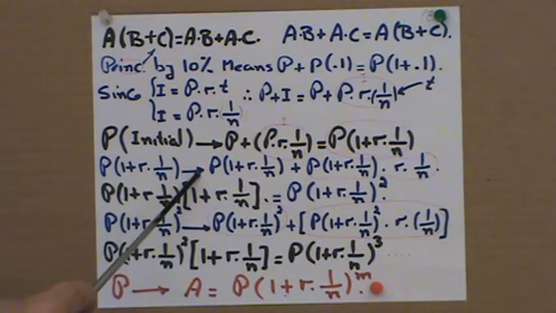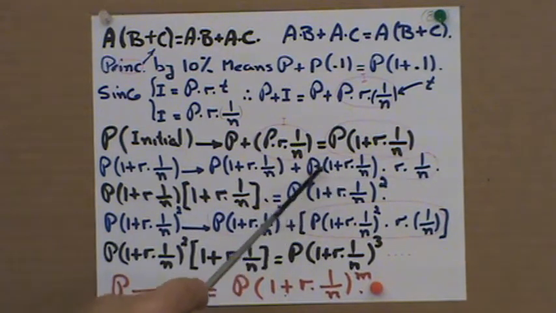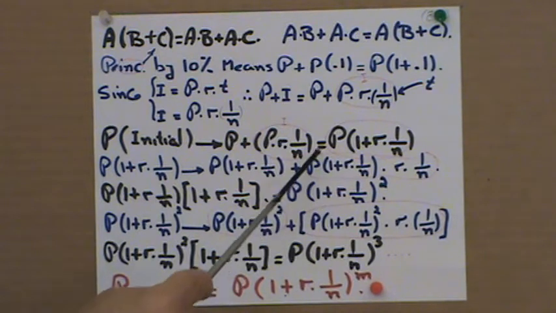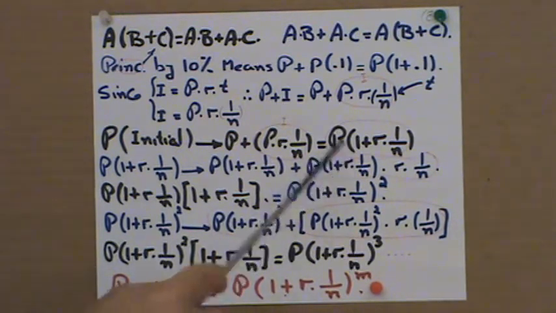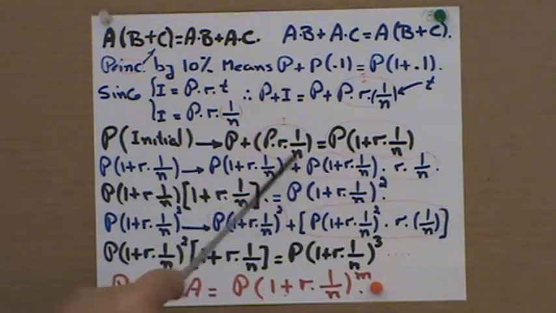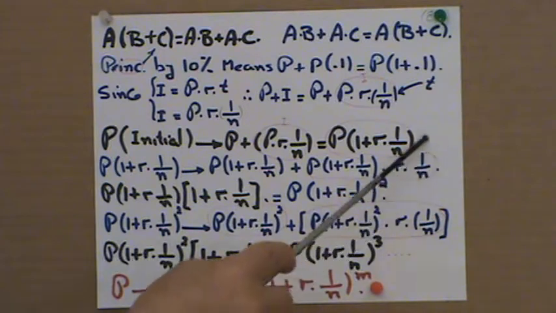I put an arrow here. Then it's principal plus interest. Interest is what? Principal times rate times time. Is that right? Now look what happens here when I do that one. This is principal times rate times time. This is your time.